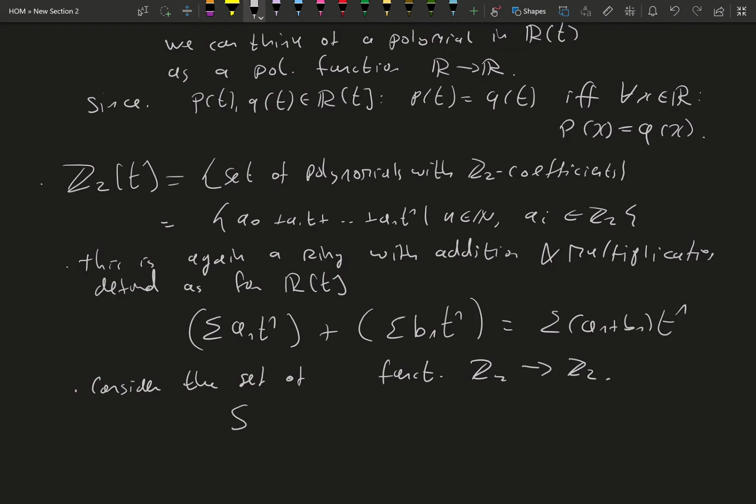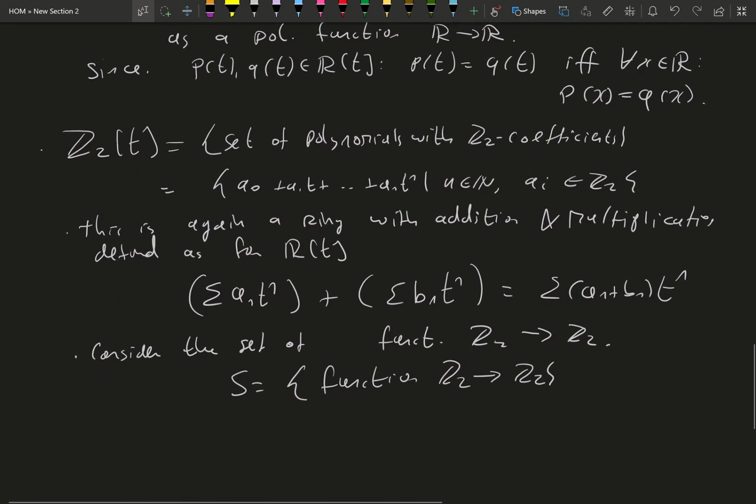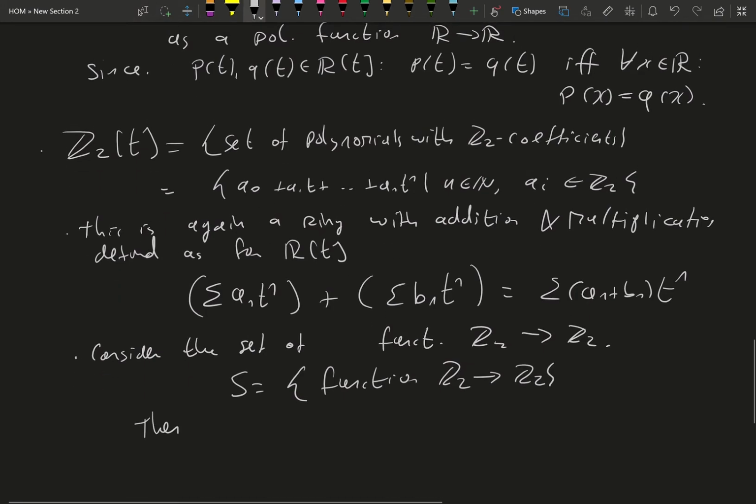So let's write S for the functions Z2 to Z2. Then this is a set of functions between two finite sets, right? And then S is finite, because there are only a finite number of functions between two given finite sets.